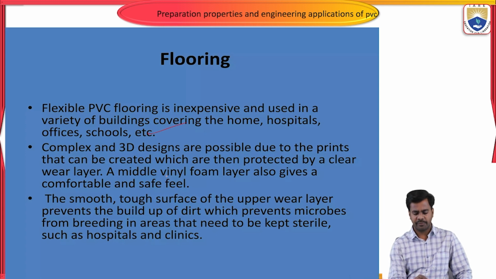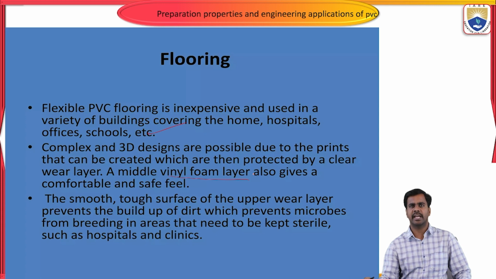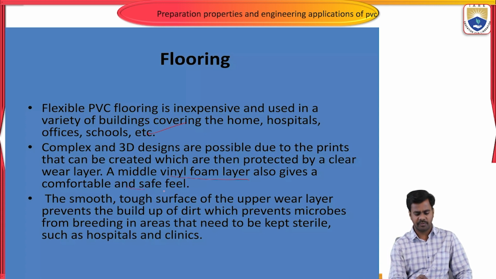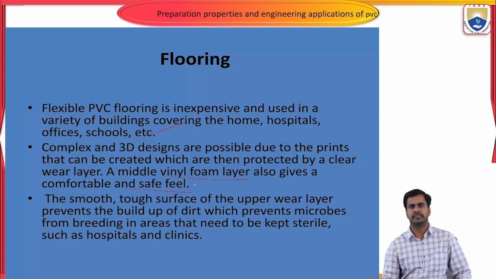A middle veneer foam layer also gives a comfortable and safe feel. The smooth and tough surface of the upper wear layer prevents the buildup of dirt, which prevents microbes from breeding in areas that need to be kept sterile, such as hospitals and clinics.